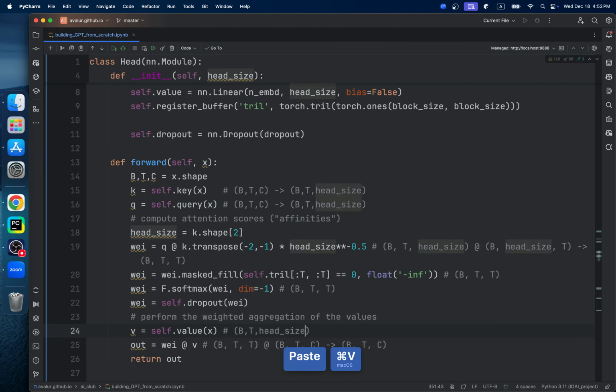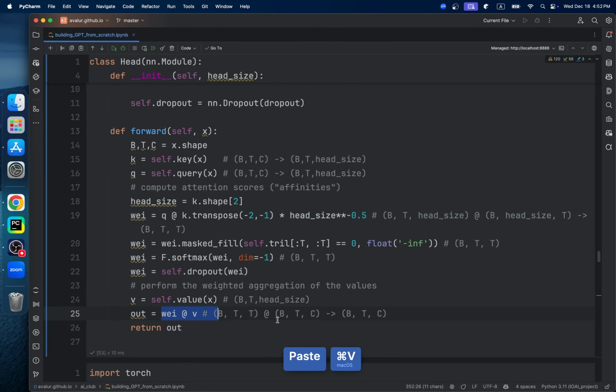And then after performing this operation, the result will again be BT head size. Okay, that's right.